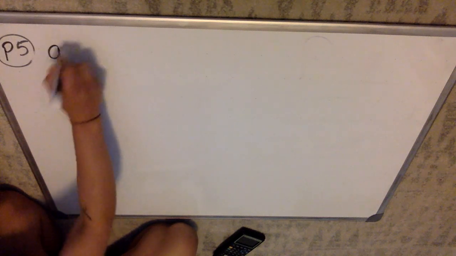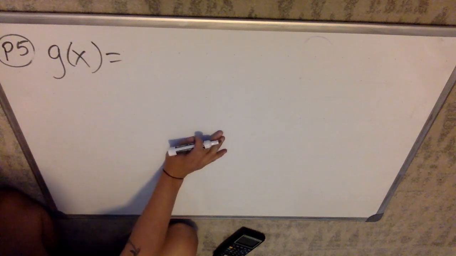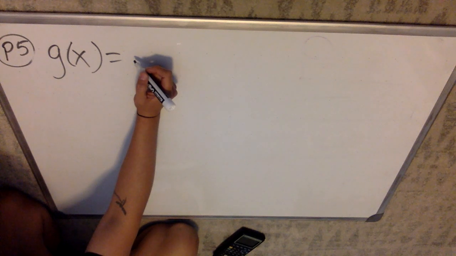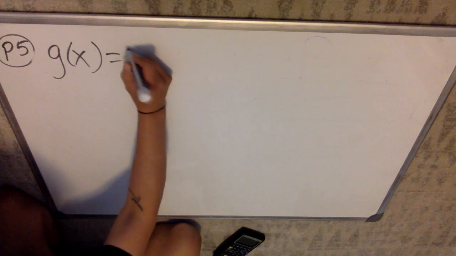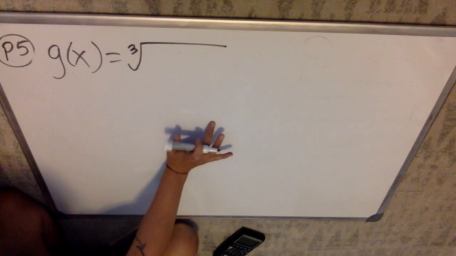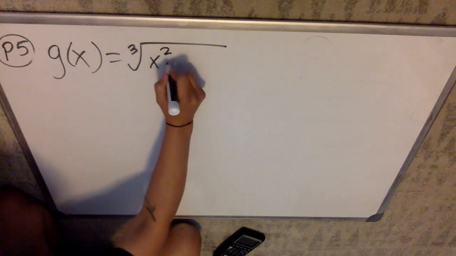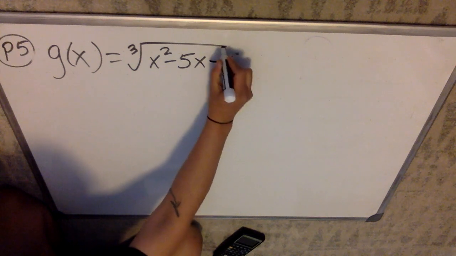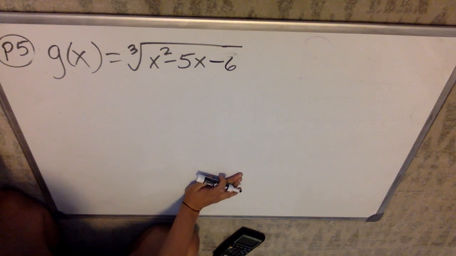All right, I'm going to give you g of x equals the cube root of x squared minus 5x minus 6.